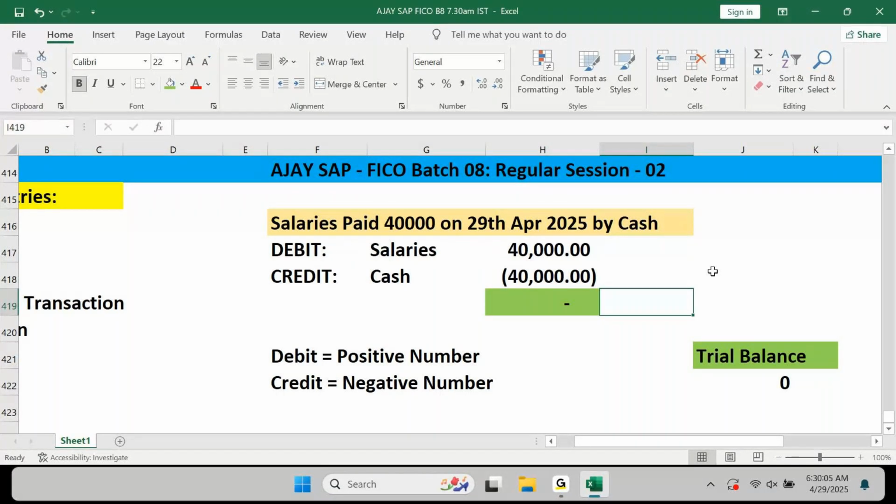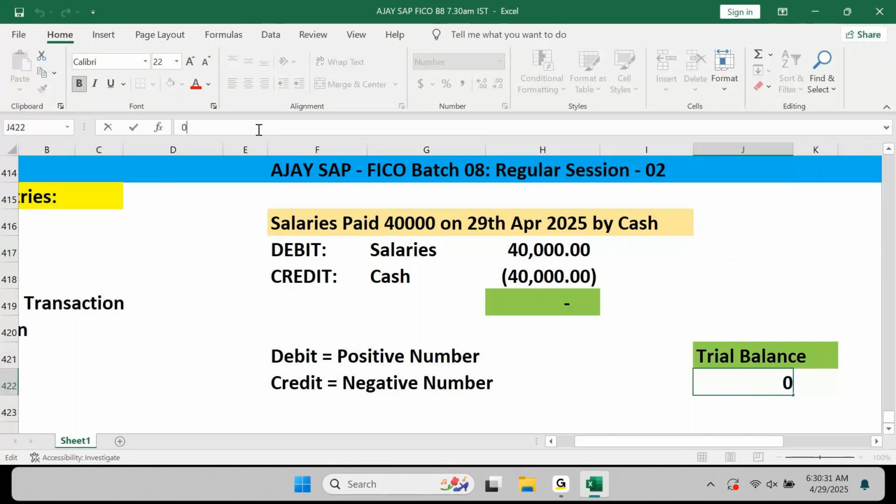Yes, sir, it's 0. If your accounting entry is becoming 0, your trial balance should by default become 0. Not just 0, it is 0.00. Am I correct? Yes. Your TB must become 0.00.